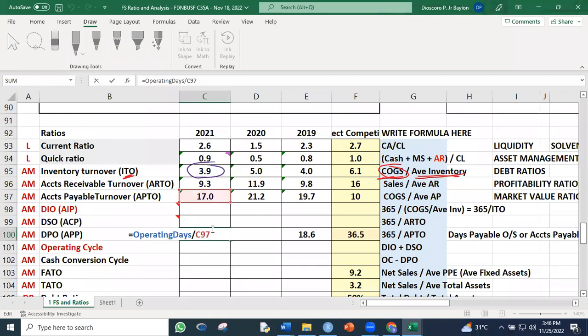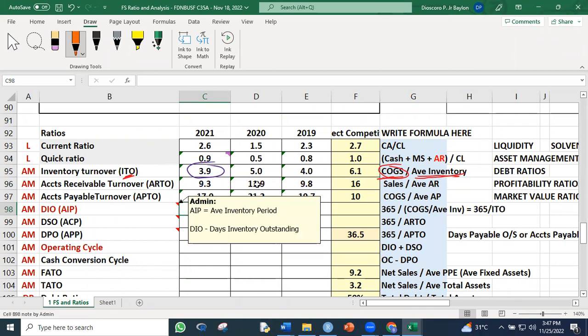So we were able to compute for the days payable outstanding, or this is accounts payable period. All right. Now let's go back to our measures of ITO. So the CASIN of ITO is days inventory outstanding.